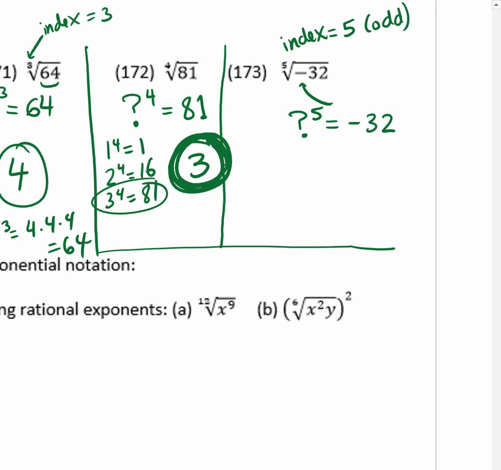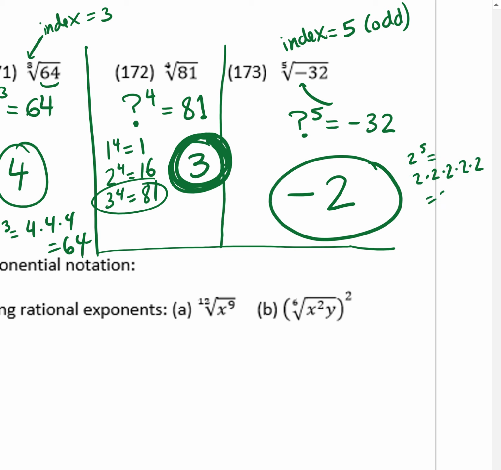You can start guessing if you want. For sure I know the answer is going to be negative, because how can a positive number to the fifth power be negative 32? That wouldn't make sense. If you just try 2, that works. 2 times itself 5 times is 32. 2 times 2 times 2 times 2 times 2 is 32. So the answer to that one would be negative 2.